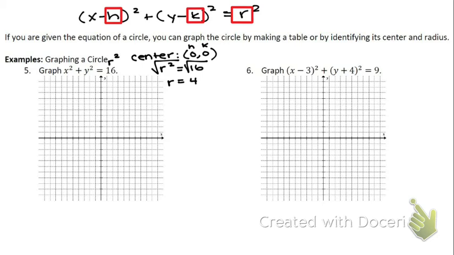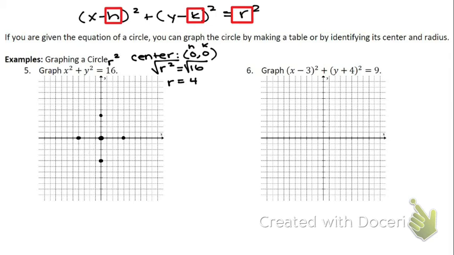So I plot a point at 0, 0, that's my center. And then my radius is 4 units. So I'm just going to count up, left, right, and down 4 units. Radius there, that's 4, and that's 4. Notice all of these are equidistant, okay?